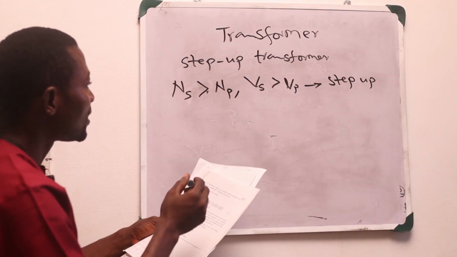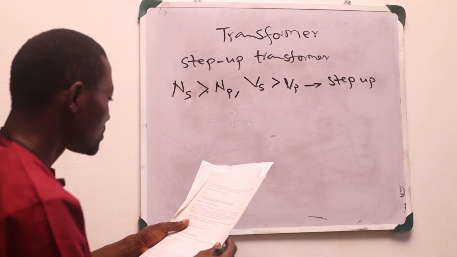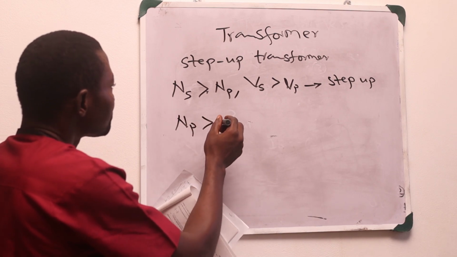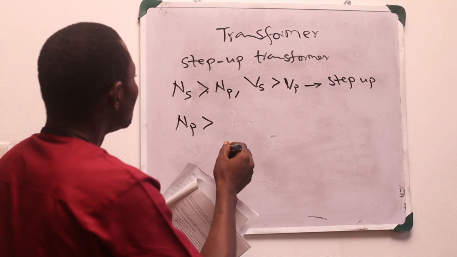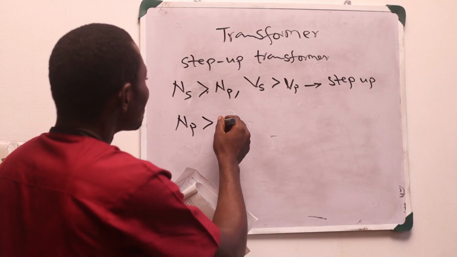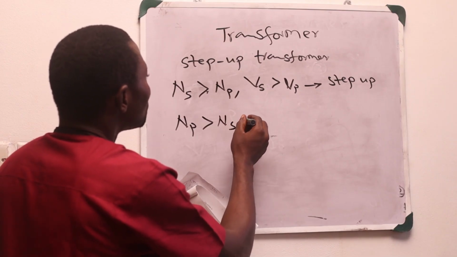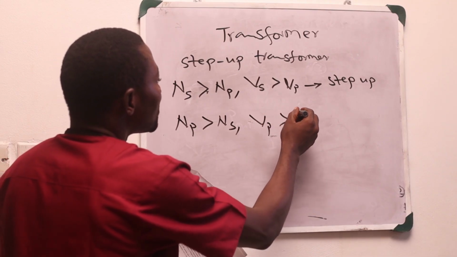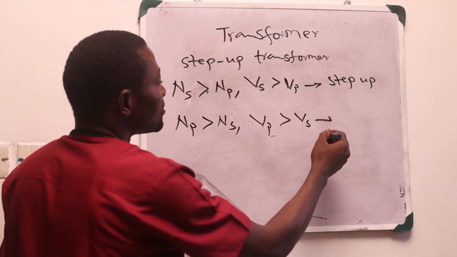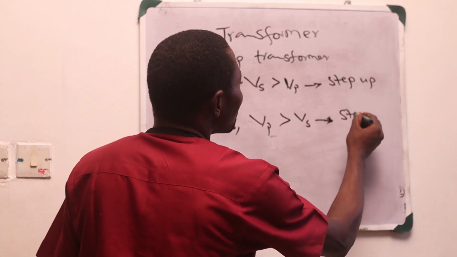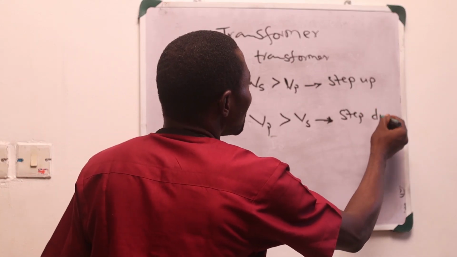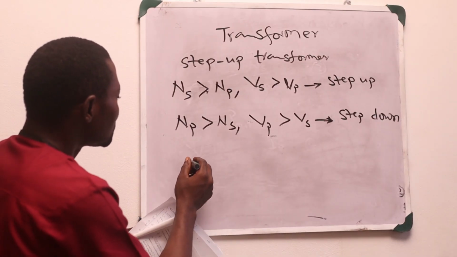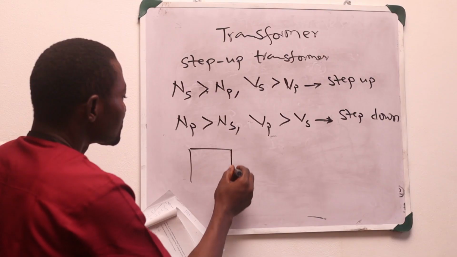While a transformer in which the number of turns in the primary is greater than the number of turns in the secondary, and the voltage in the primary is greater than the voltage in the secondary, we call such a transformer a step-down transformer.